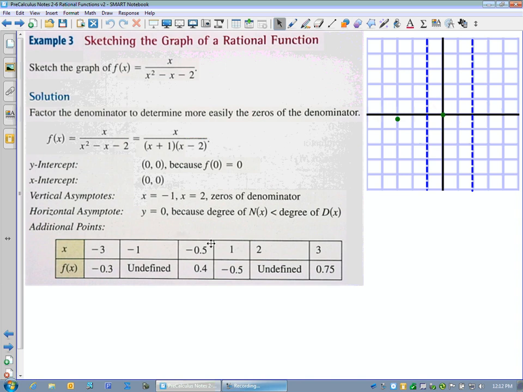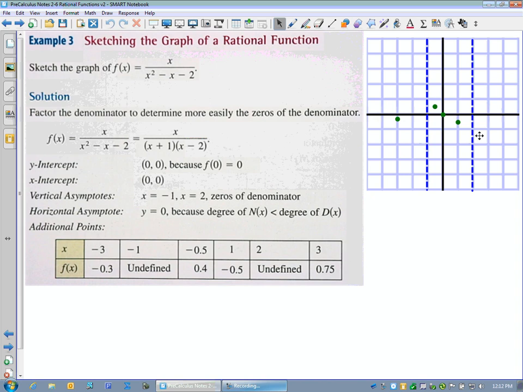So if I take -0.5 as my x, then my y turns out to be 0.4, which gives me this point there. Likewise on the right, am I going down, am I going up? So to find out which, I substitute in 1 for x, and I get -0.5 for my y, so I plot that point.